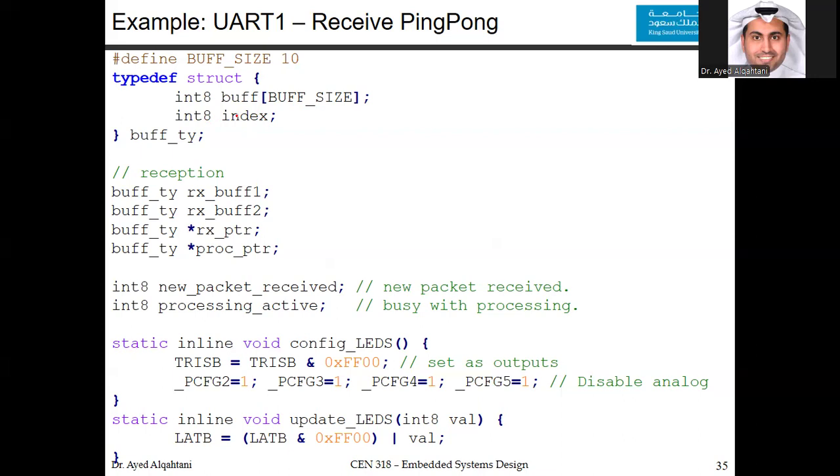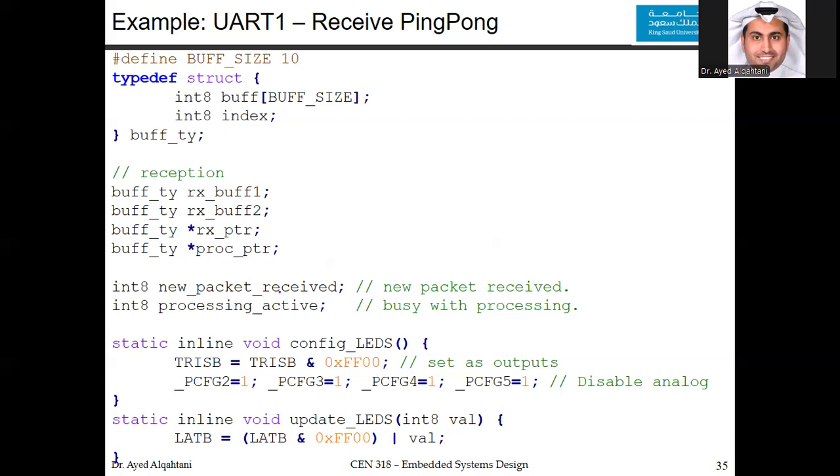Every time you receive a new value, it will be increased. Now for the reception, you prepare what you see here. You will define 2 buffers, buffer 1 and buffer 2, and you will prepare also 2 pointers. One will point to the first buffer, you make it the receive buffer, and the other is the processing buffer by pointing to it using the processing pointer.